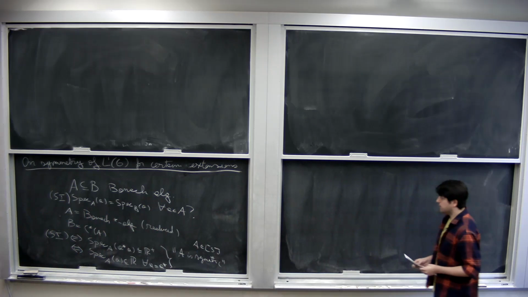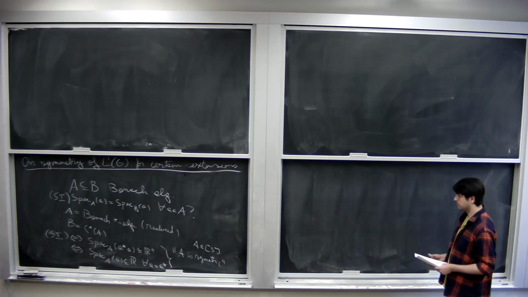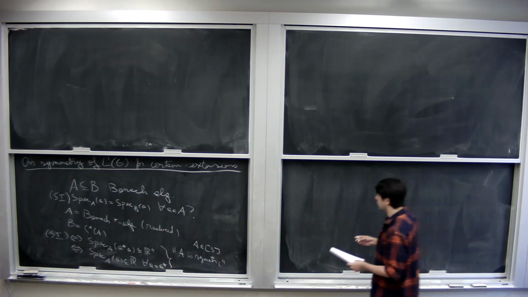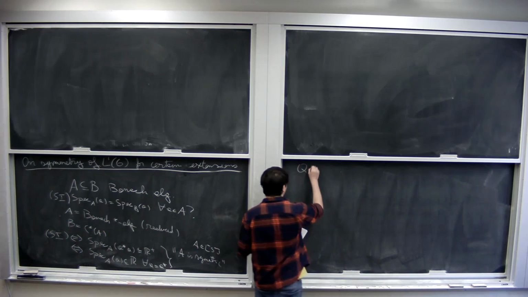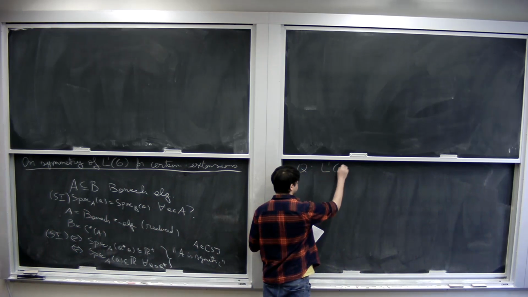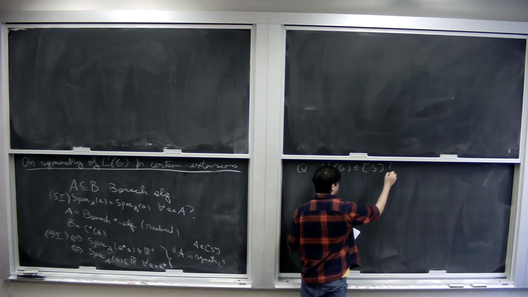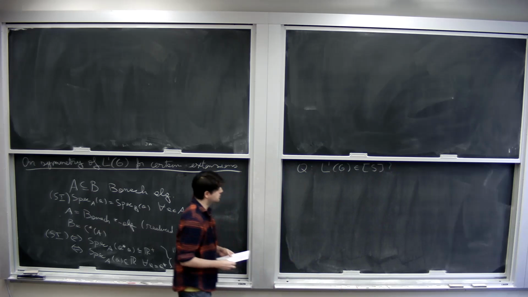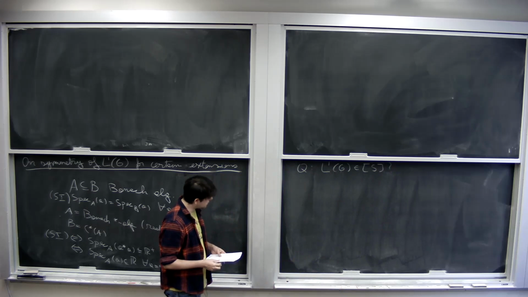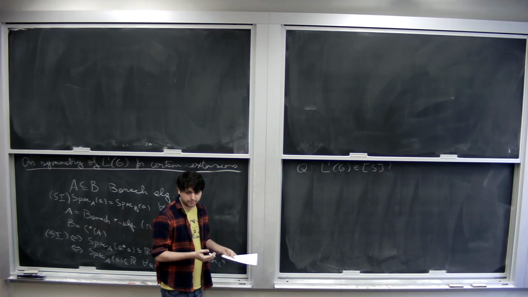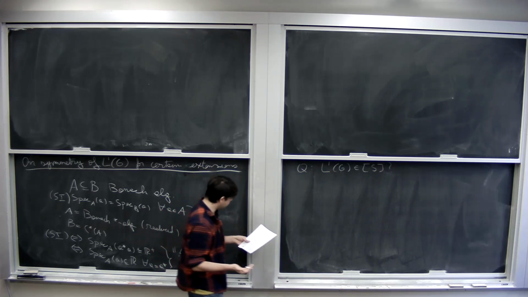So the very basic question of this problem is: when is the group algebra L1 symmetric? And before I start giving some answers, let me pose some more questions just because.